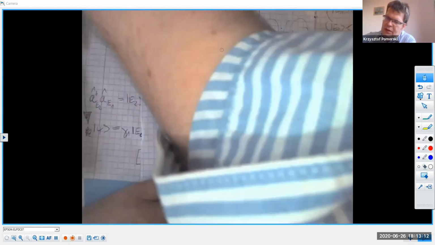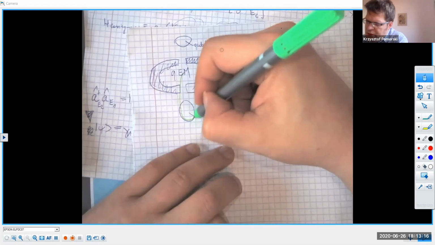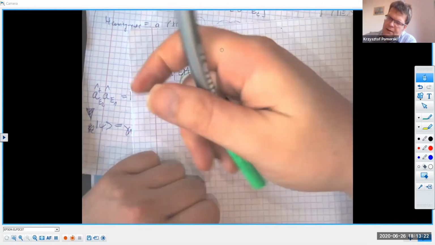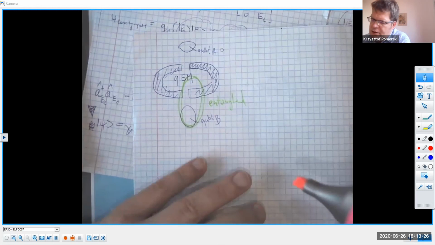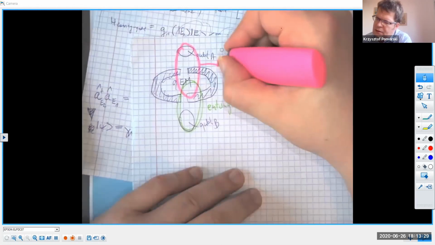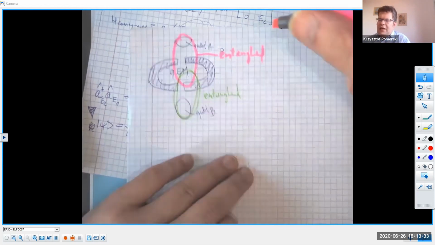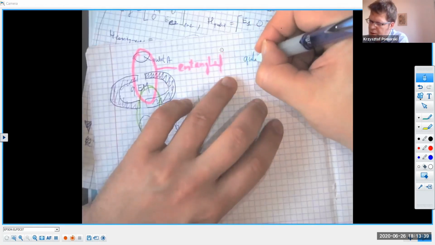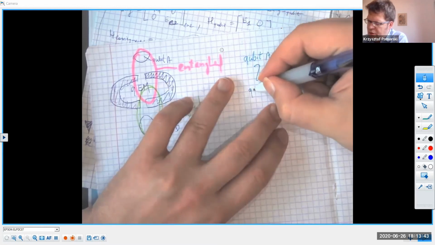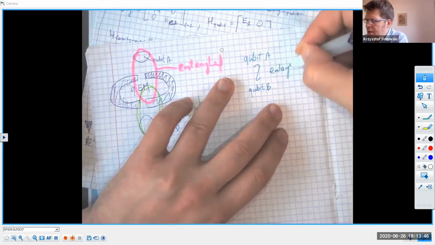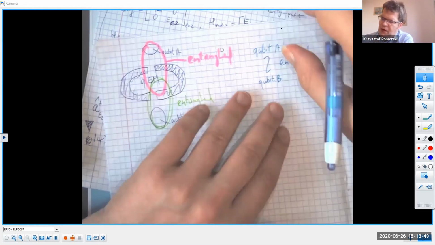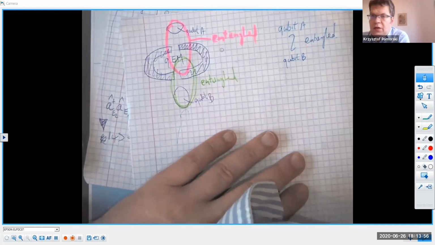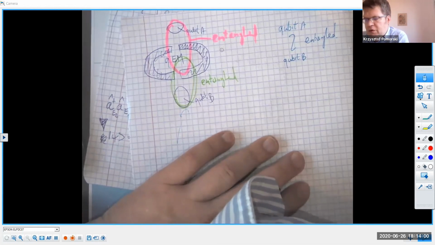This one is entangled, and this one is entangled, and because of that qubit A is entangled with qubit B. So affecting the state of qubit B can result in a change of state of qubit A, and reversely, and in such a way this teleportation will be possible.